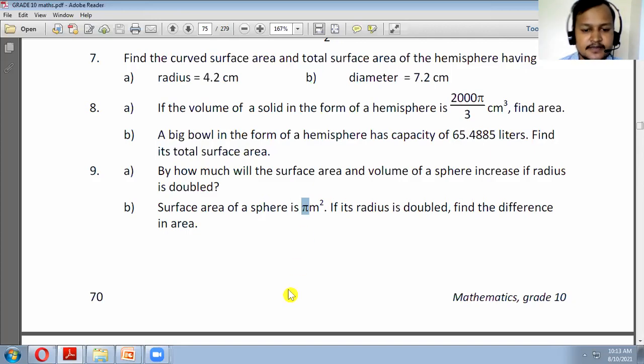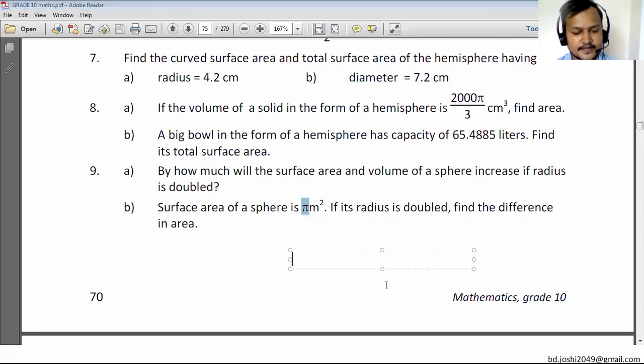Surface area of sphere is pi meter square बनेको छ, and we know the formula of surface area of sphere, isn't it? Area is equal to 4 pi r square. And after using this formula, we will be able to get the value of r.